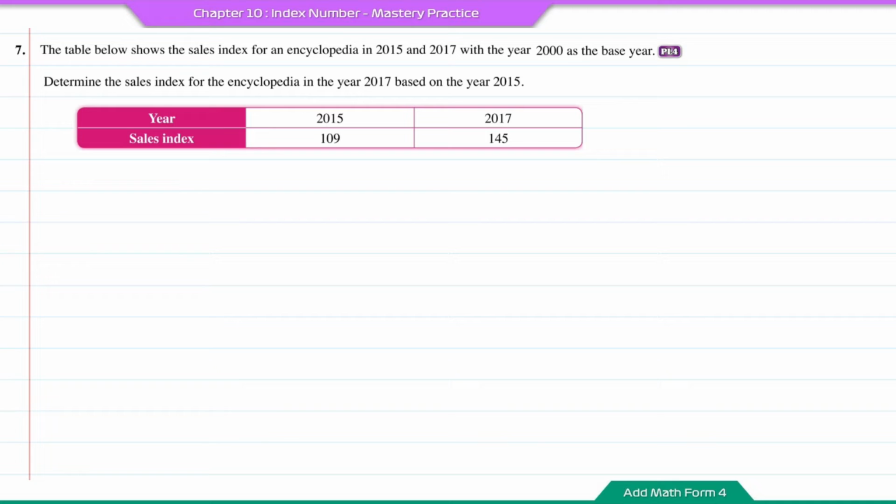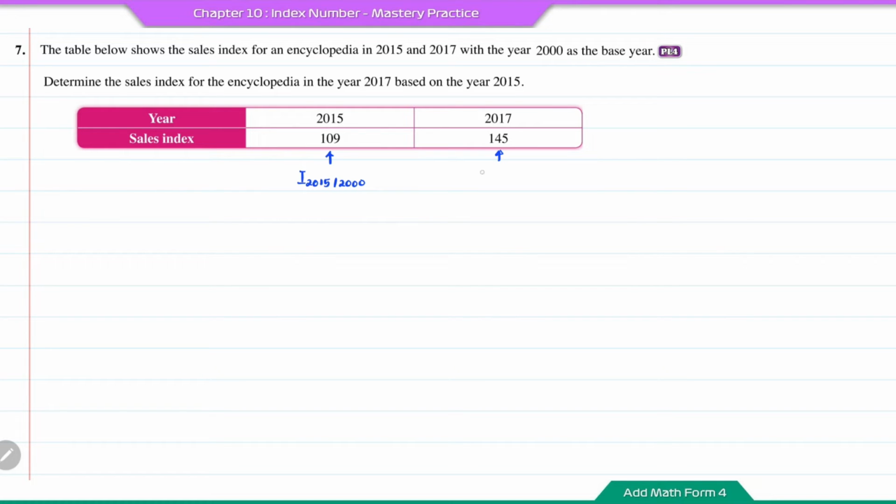Question number 7. The table below shows the sales index for an encyclopedia in the year 2015 and 2017 with the year 2000 as the base year. Determine the sales index for the encyclopedia in the year 2017 based on the year 2015. So the value 109 here is the index number in the year 2015 based on 2000.